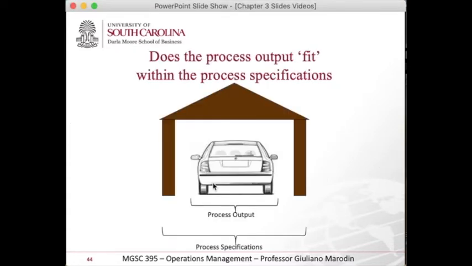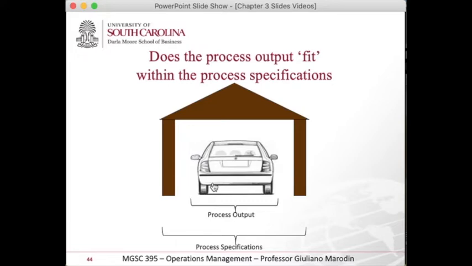So we're not only looking at if it's special cause or normal cause variation. Now what we want to look at, in the same kind of distributions, the same sample, is if it fits in the specifications or not.